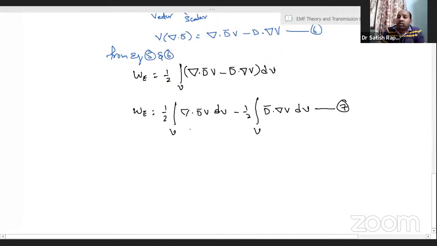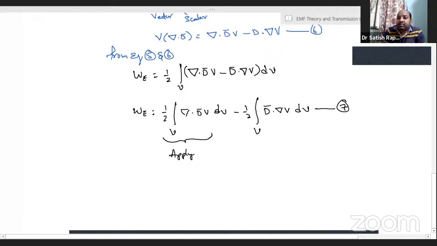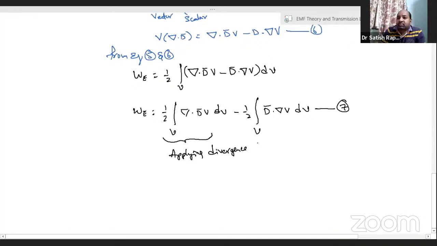Now, applying the divergence theorem to the first term of equation 7. As we know, the divergence theorem gives the relationship between surface integral and volume integral, so the volume integral can be converted into a surface integral.